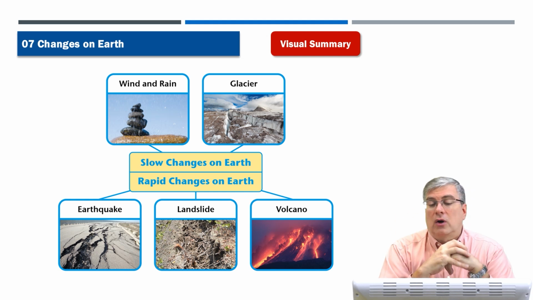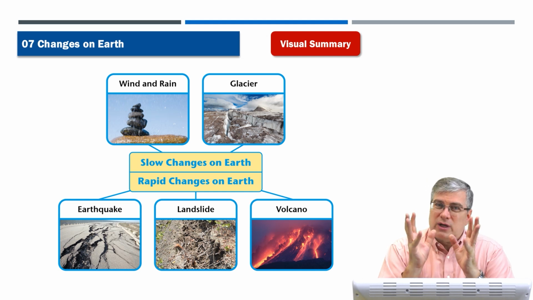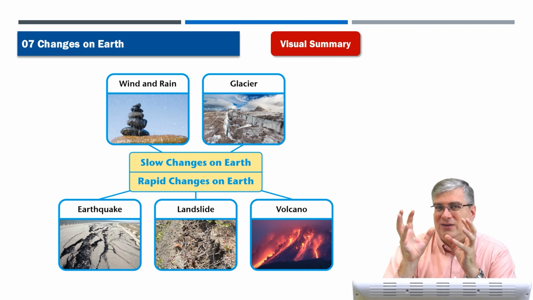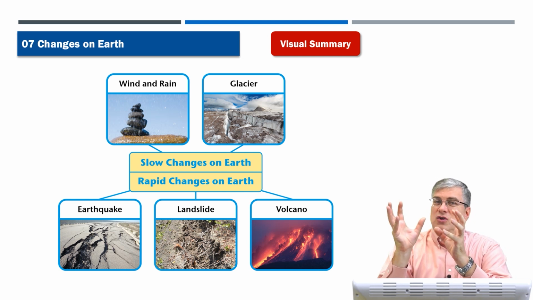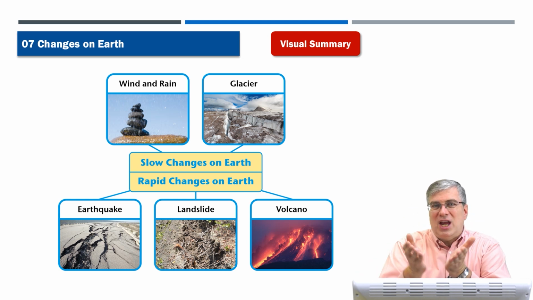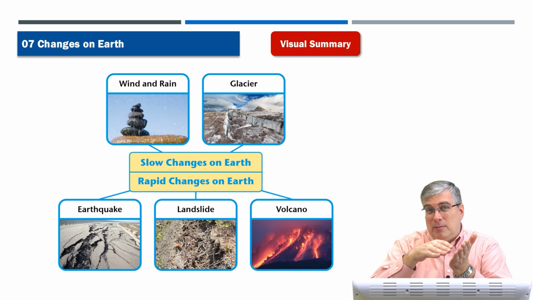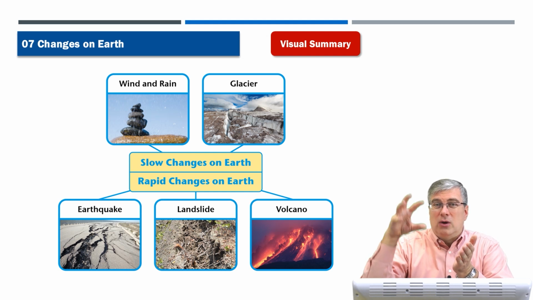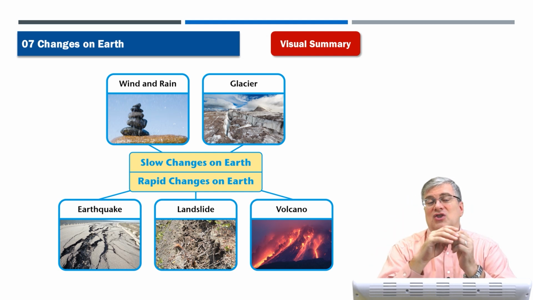Now, glaciers are also very slow causes of change on the earth. A glacier is a big body of ice. These big bodies of ice do move, but they move very slowly. And they can change the shape of the earth below the glacier. The weight of that glacier can change the shape.